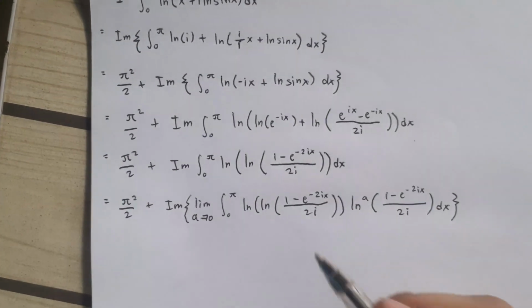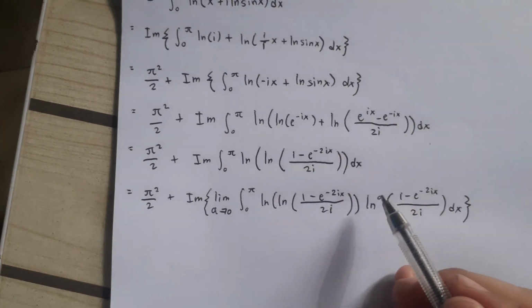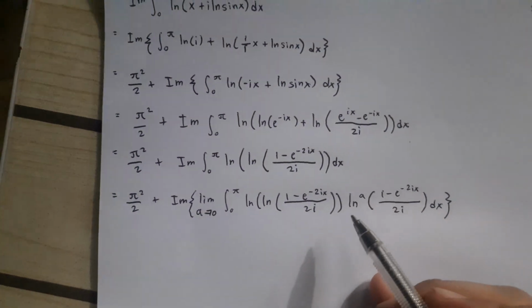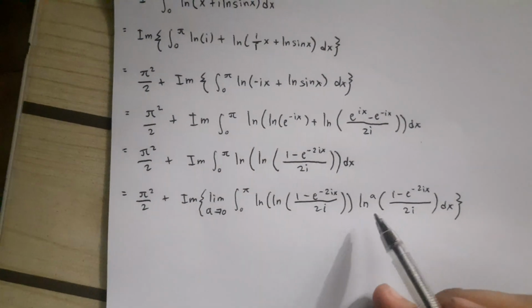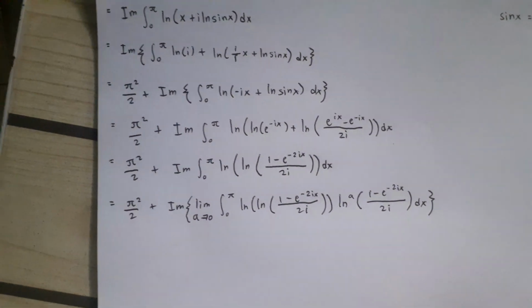Notice, as a approaches 0, this becomes 1, so this is a valid step.